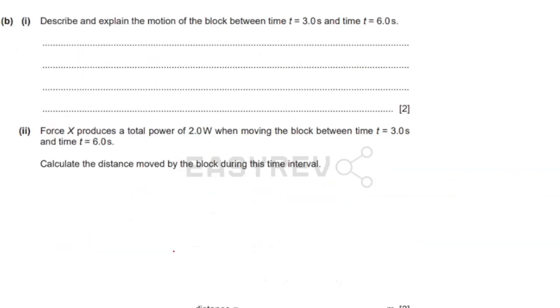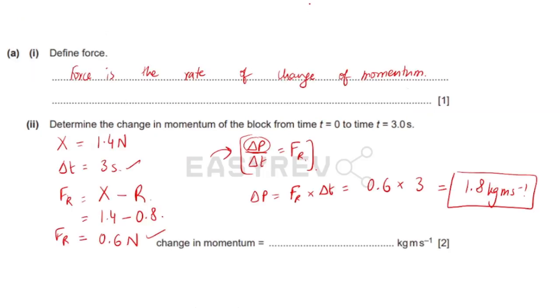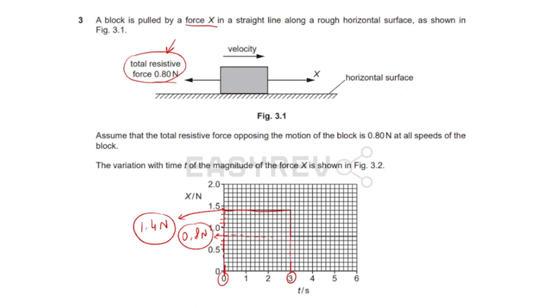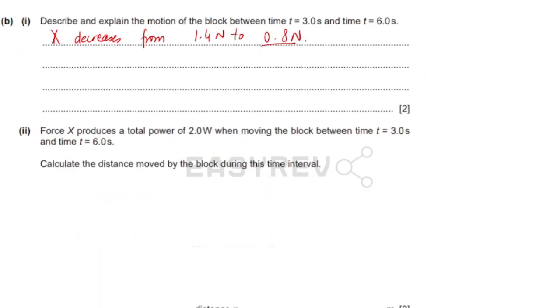So we have to first mention this part, that the force X decreases from the original 1.4 newtons down to 0.8 newtons. Now this new 0.8 newtons is special because it is actually equal to the total resistive force.